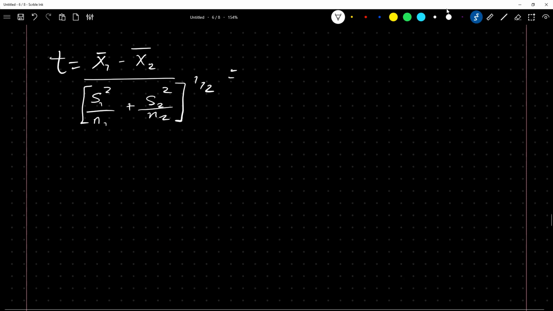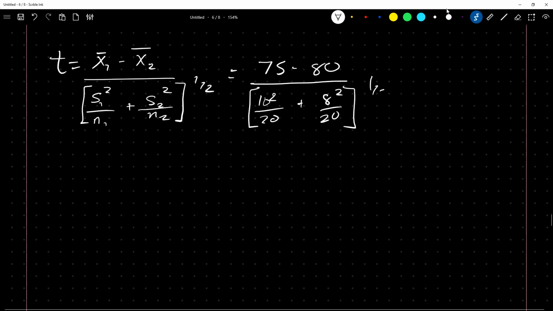In our case, we're going to get 75 minus 80 divided by the square root of 10 squared over 20 plus 8 squared over 20. And when you do this calculation, you're going to get negative 1.746, which is what I had shown on the previous screen.